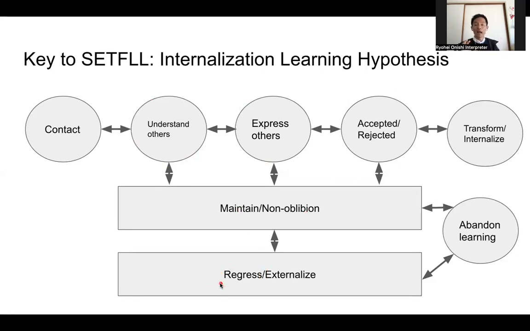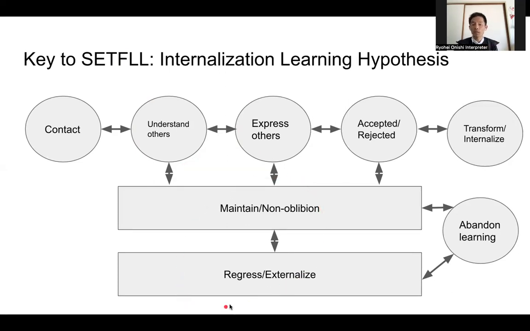Regress means go back. So you may think that SDGs is too far away from me. It's somebody else's problem. I don't care about SDGs. So that's externalized. It's not my problem. It's an outside problem. This is the worst case scenario, maybe. This is a bad scenario.